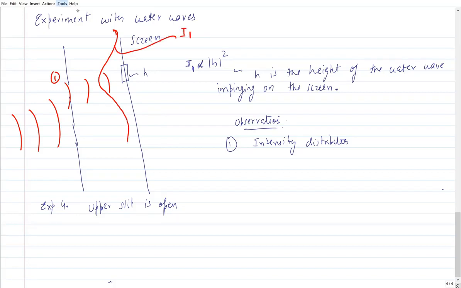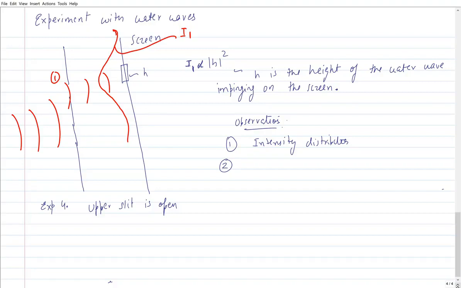Also, my observation is that the screen measures a continuum of intensities. This is the difference between doing this experiment with bullets as compared to doing it with waves like the water wave. In the case of bullets, I was either getting the whole bullet or not getting any bullet at a particular point on the screen. There was not any case where I was getting 0.7 of a bullet or 0.3 of a bullet.